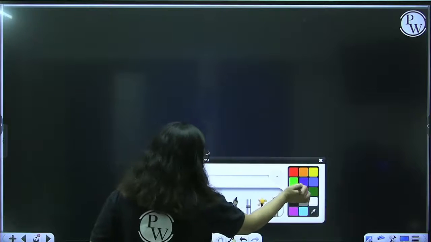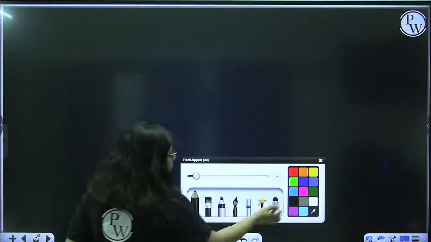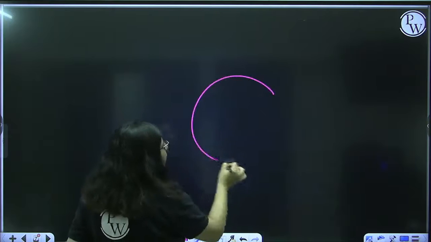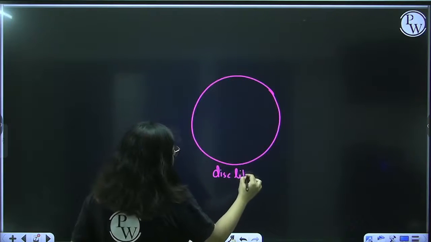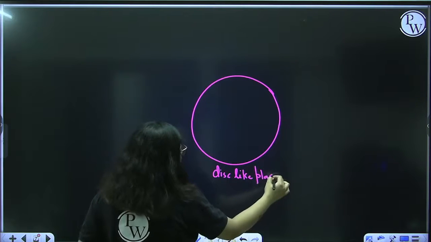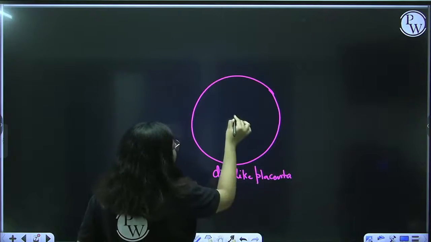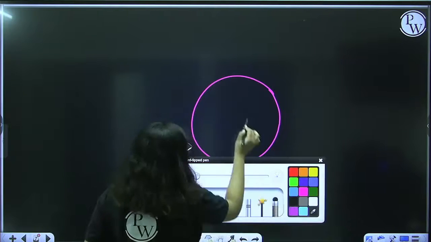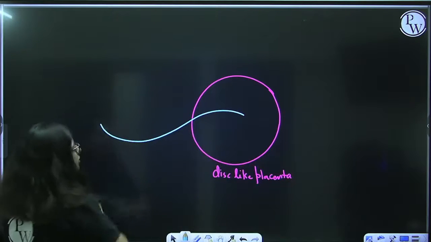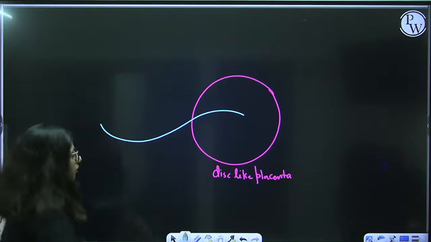When the fetus has grown, the placenta becomes disc-like, like this, right? It will be attached to a structure known as umbilical cord.